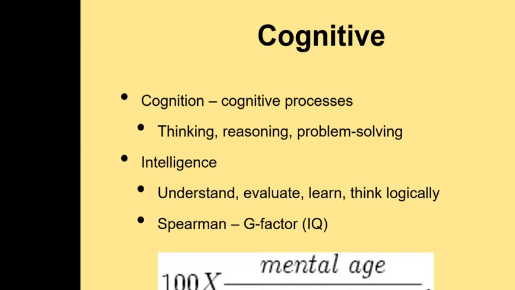That doesn't make sense. Mental age over chronological. Sorry, apologies, I've swapped it round. The mental age is 11 over the chronological age, which is 9. So 9 goes into 11 1.2 times, so it would indicate an IQ of about 120, where 100 is an average IQ.